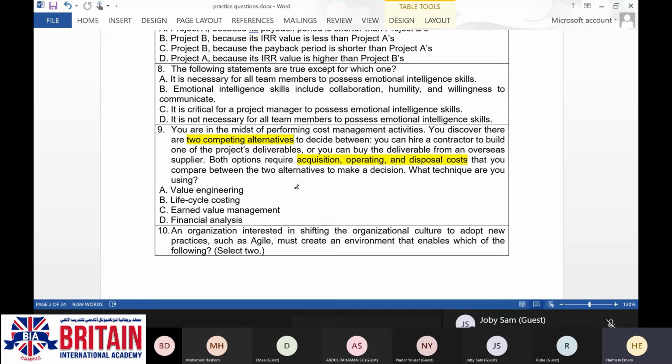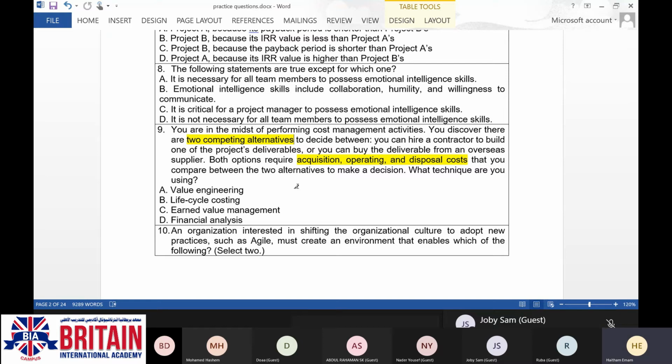That is called life cycle costing. Financial analysis, yes, it is part of the life cycle costing, but the financial analysis is more generic. But the specific and the right name for this is called life cycle costing.